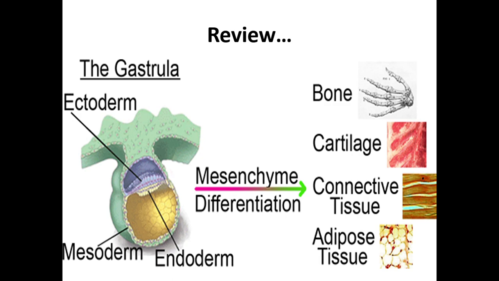So during the time that the cells will be differentiating into connective tissue, the first tissue, or we call the precursor connective tissue of the body, is formed, and we call this the mesenchyme.